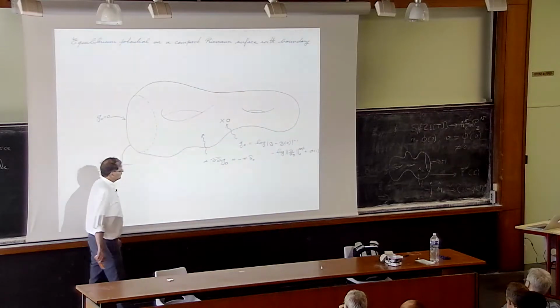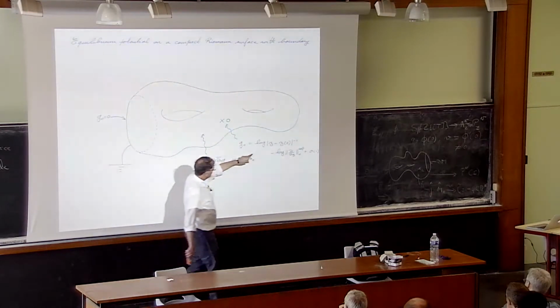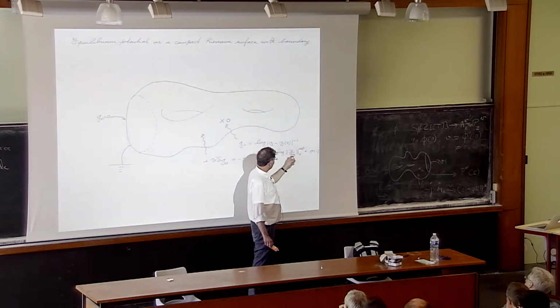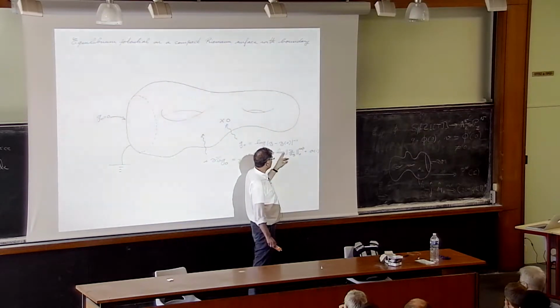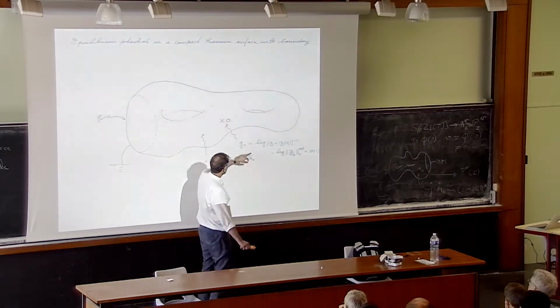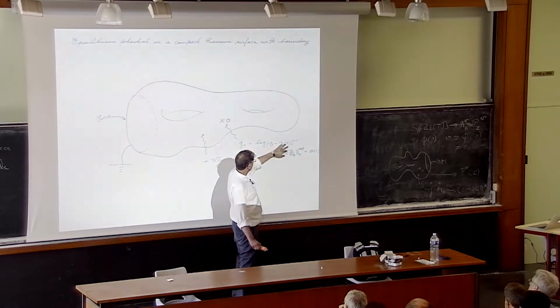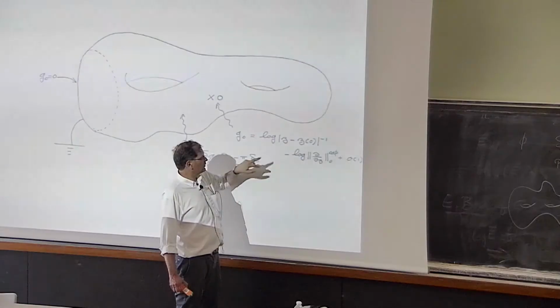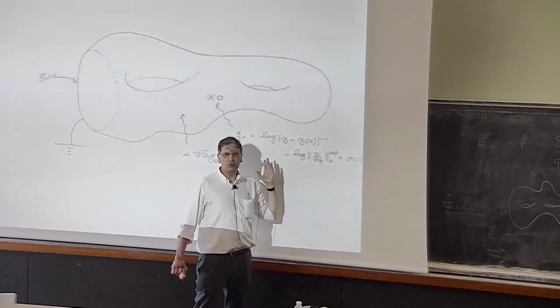Okay. And now it turns out that if you look at the constant part of this additional term, you may write it as the logarithm of a well-defined norm of d over dz. So what I mean here is that if you replace z by 2z, this constant term will be divided by 2.